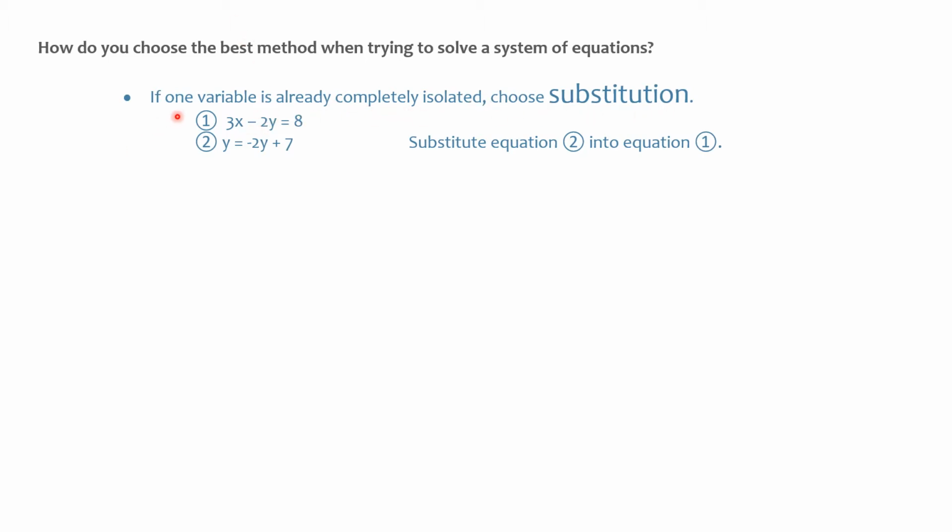So if I look at these two equations, equation 1, equation 2, I've got x already isolated. Oh, that should be an x there. Let me fix that. All right, so x is already isolated.